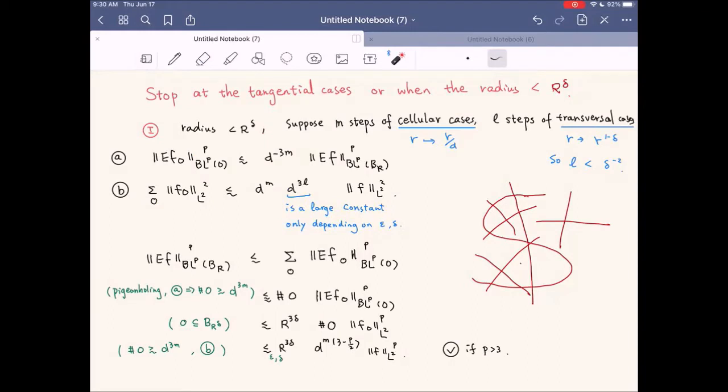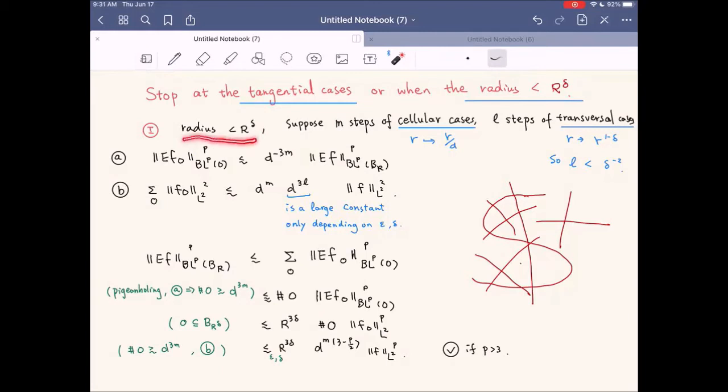So that's two stopping conditions: either the tangential case or the radius is too small that we can apply some trivial estimate. So we first discuss what happens when the radius is too small. And this will look like the wishful thinking step in the second lecture. So things become pretty good.